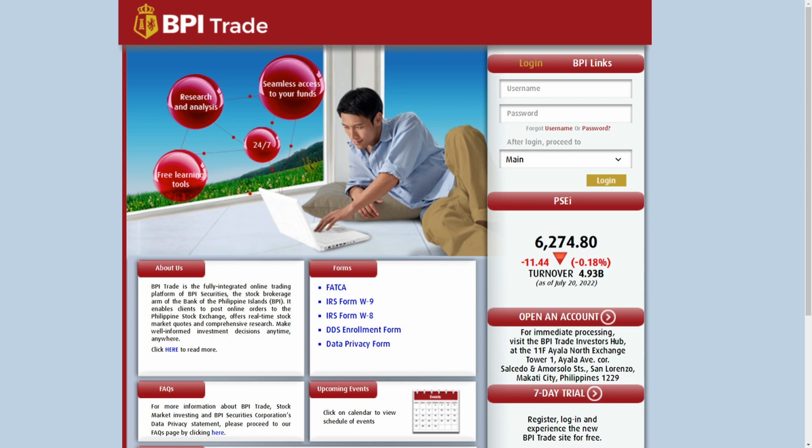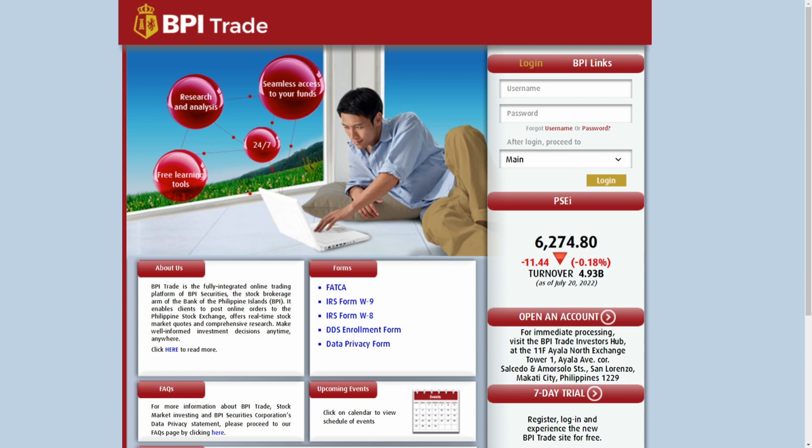But they still accepted since I'm a long time BPI bank account holder or customer. So that's why they went ahead with it. And medyo malaki yung savings ko sa kanila at that time kasi hindi ko pa in-invest. But ngayon malaki pa rin yung ADB with BPI, but it's all in investments.